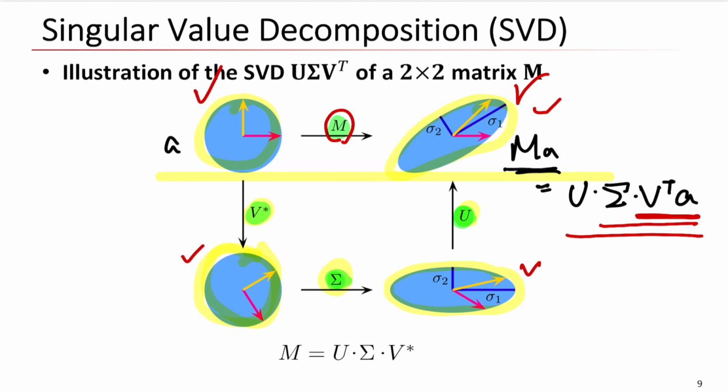So the reason we use the SVD is to decompose the transformation component by component, step by step.